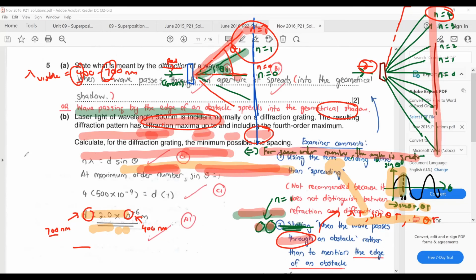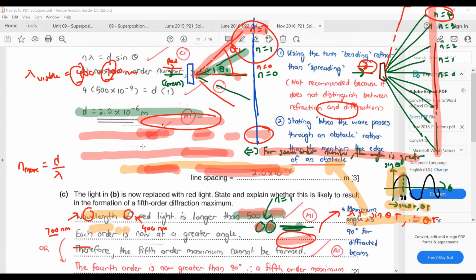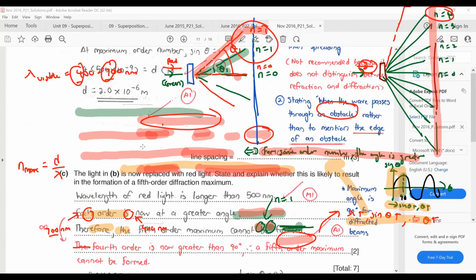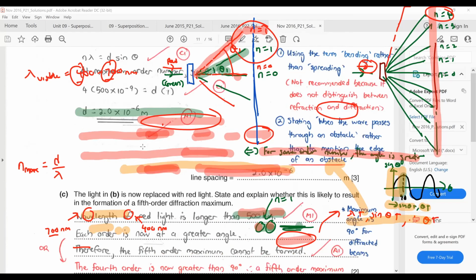Now you might be wondering whether you can also do this, d over lambda. If you try to use the equation n max equals d over lambda, you probably will also get that same conclusion. d is 10 power minus 6.